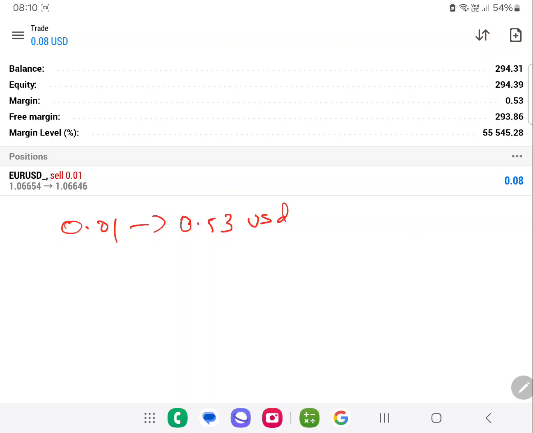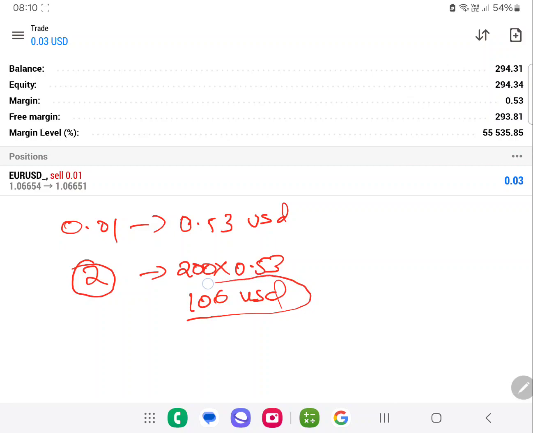So literally, for us to open a lot size of 2, we just multiply 200 times 0.53, and we get 106 US dollars. So for us to open a position of 2 lots, we need $106 in our account.